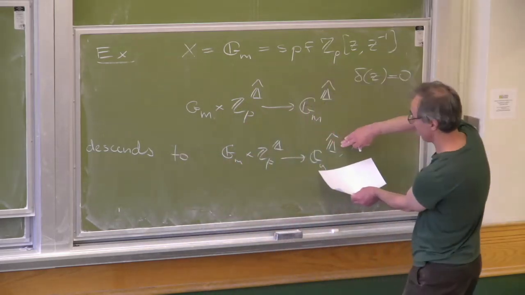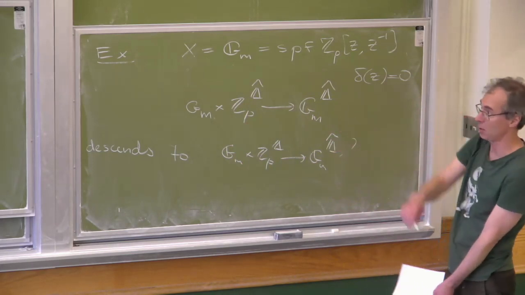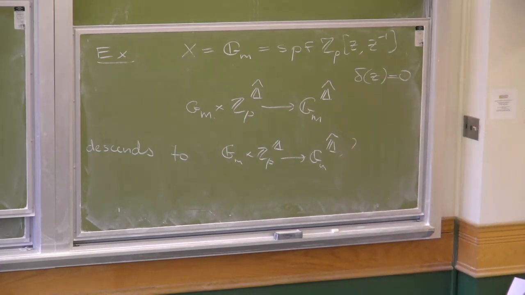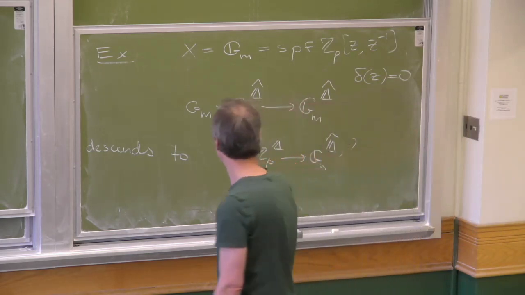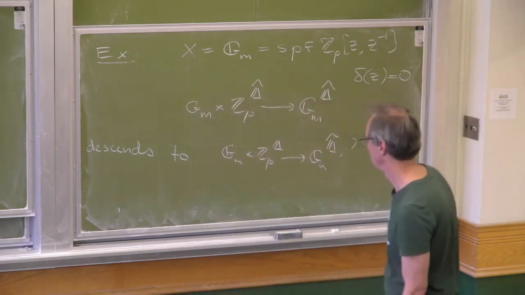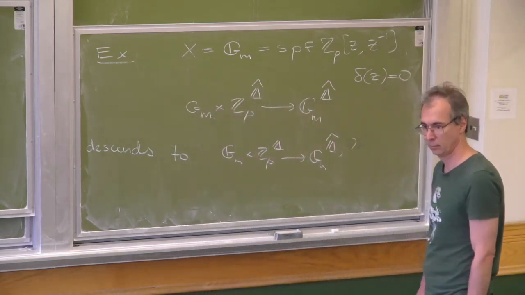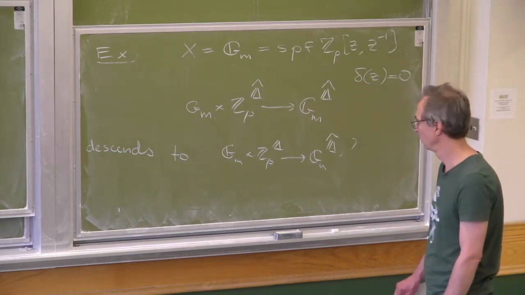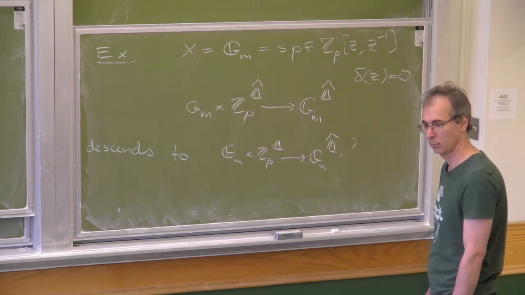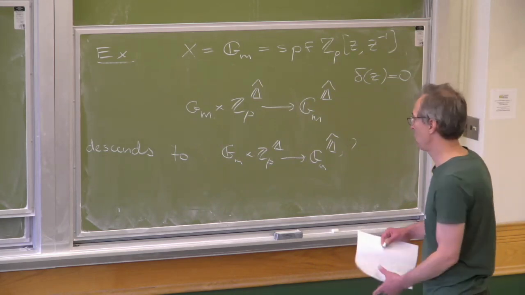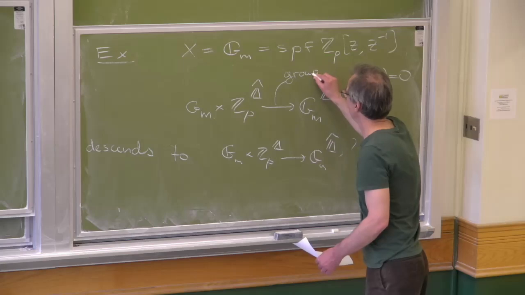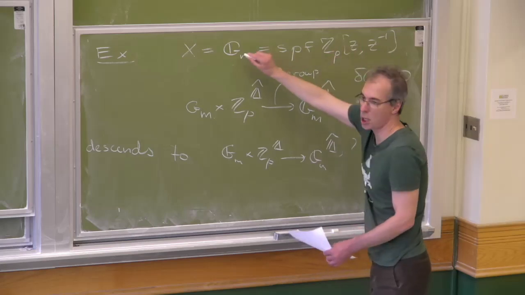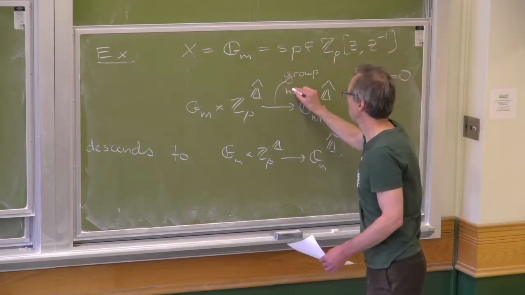I have to define this one. I'm just repeating this, maybe just so you have this before descending. You have a map from G_m cross CP sheared prismatization to the G_m sheared prismatization. What kind of map? This is a group homomorphism. That's because of the delta structure. Is it an epimorphism? Yes.